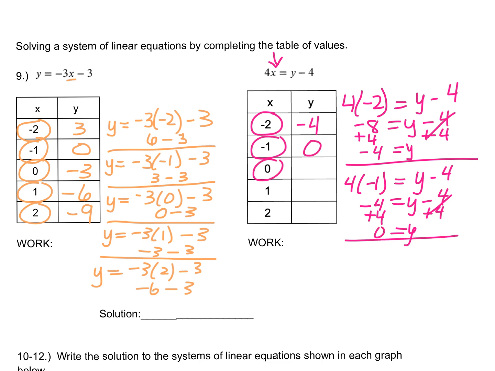Okay, now we're going to sub in 0. 4 times 0 is 0. And now to get y by itself, I'm going to add 4 to both sides. So y equals 4.